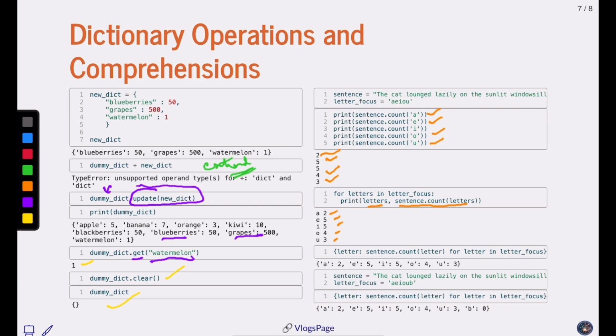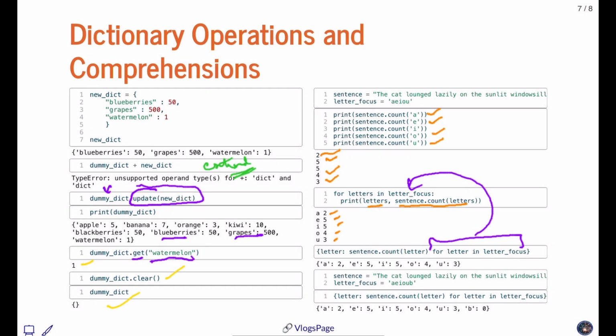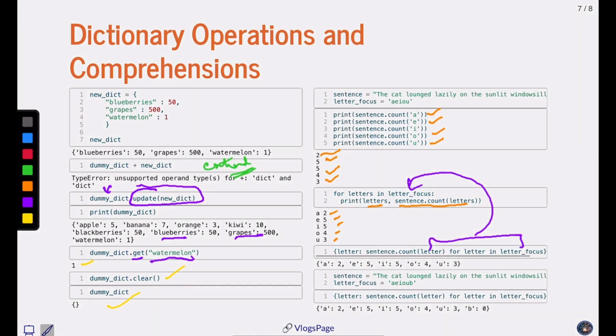Say for example, if I want to store this automatically into a dictionary, I can create it in this format: for letters in focus, and then I'm trying to use my dictionary here, where I'm mentioning letter, which is my key, and then sentence.count(letter), which is my value.